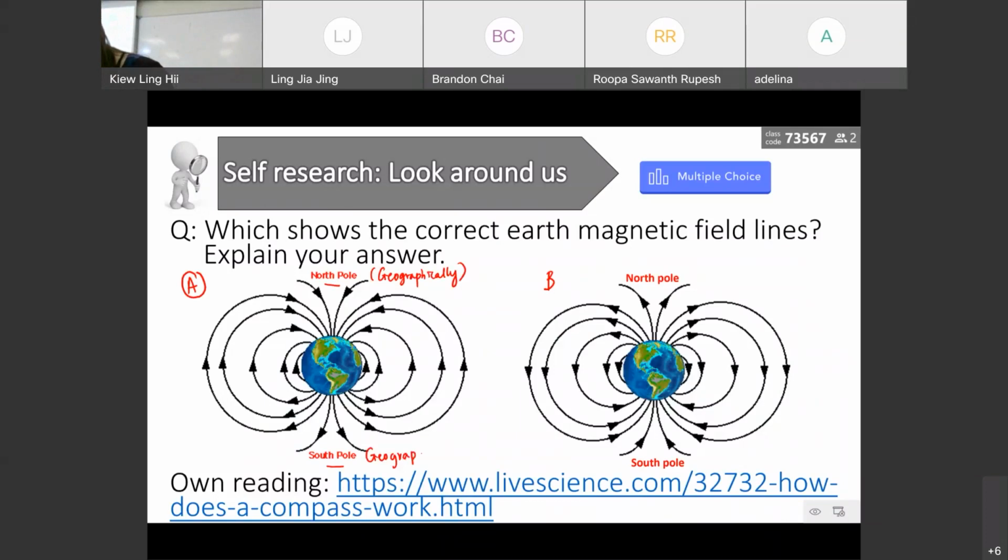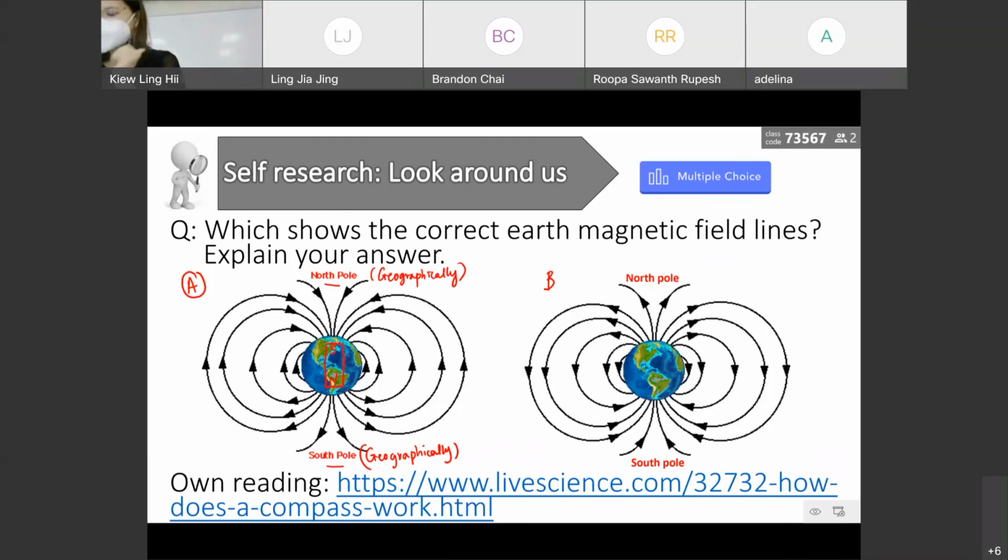Geographic means location, right? Okay. But actually inside the Earth, there is a huge magnet with here as South Pole, meaning that the geographically South Pole is actually magnetic North Pole, and geographically North Pole is actually magnetic South Pole.